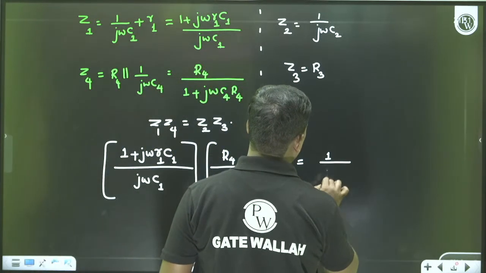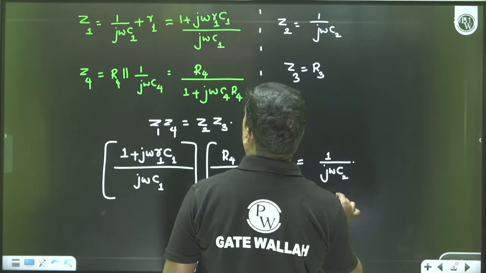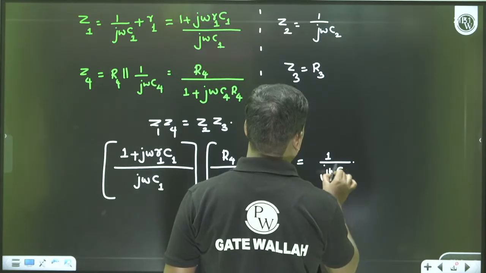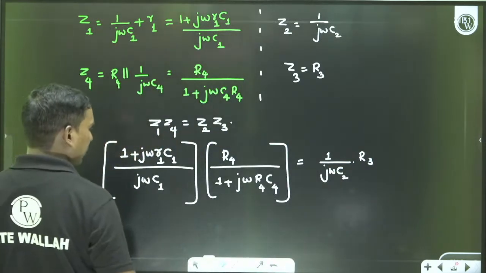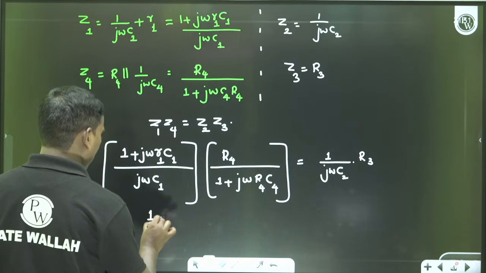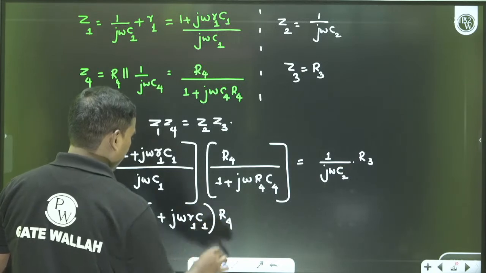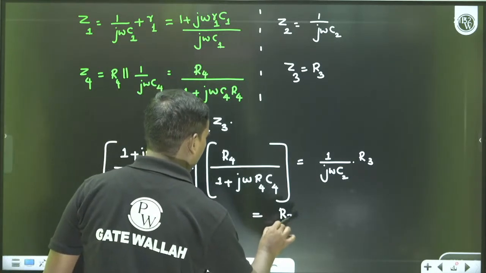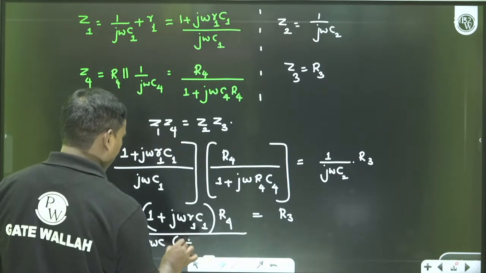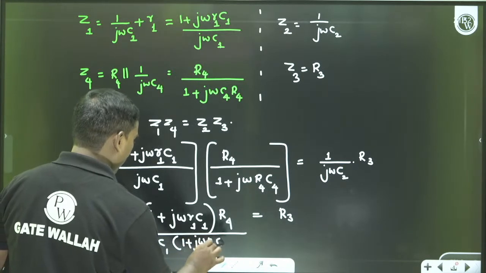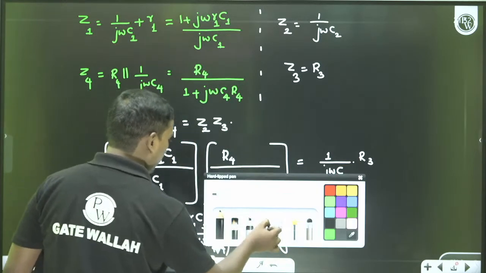So Z2 is 1 by j omega C2 and Z3 is R3. So if you simplify, what are you going to get? This is 1 plus j omega R1 C1 into R4, the whole divided by j omega C1 into 1 plus j omega R4 C4, equal to R3 by j omega C2. So the j omega gets cancelled here.